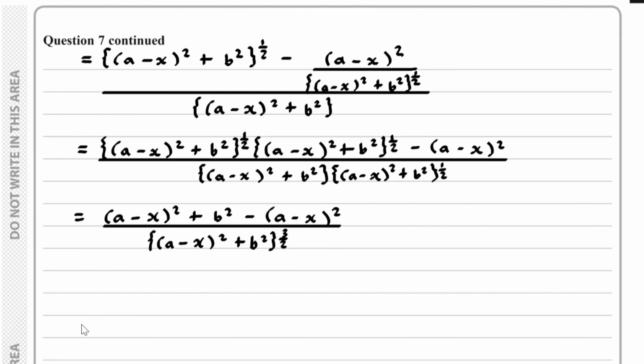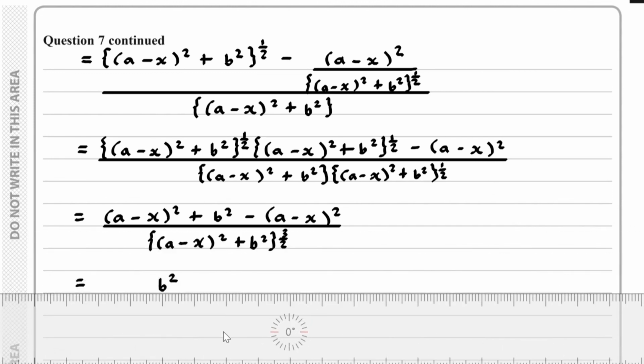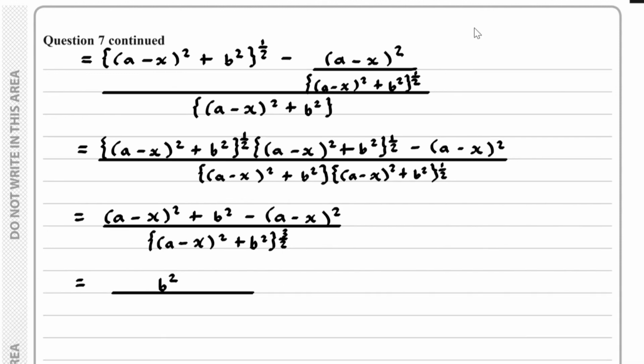And that's exactly what we need, because what we can now see is what we'd end up with on the top is just b squared, because the a minus x all squared simplifies, and then on the bottom we've got (a minus x squared plus b squared) to the 3/2.